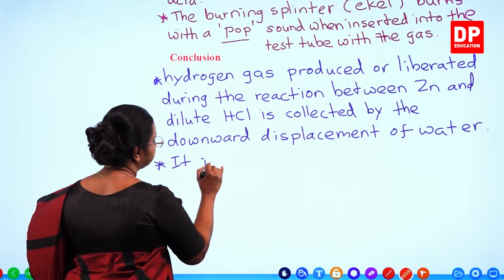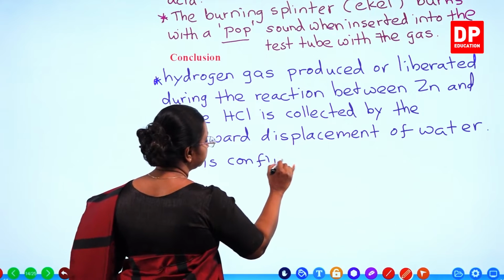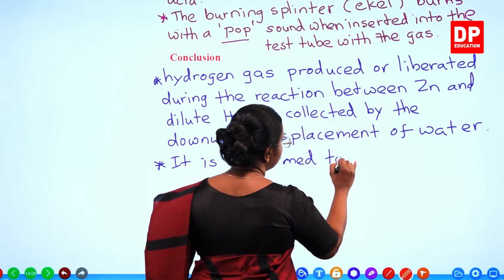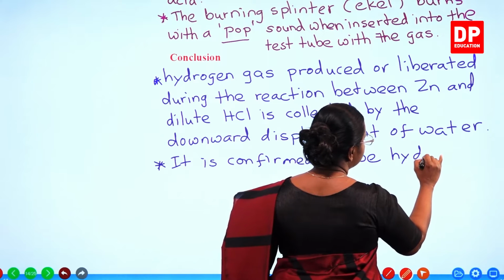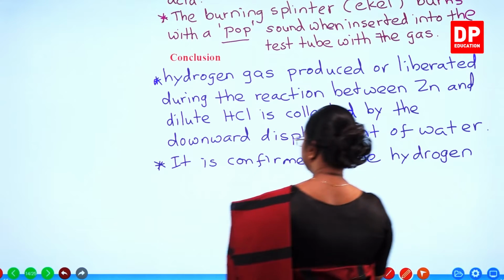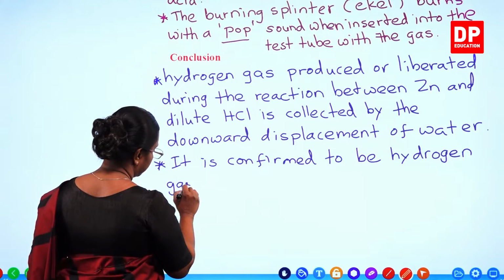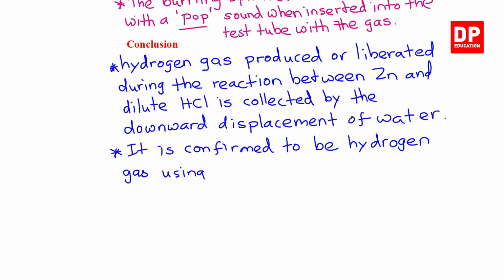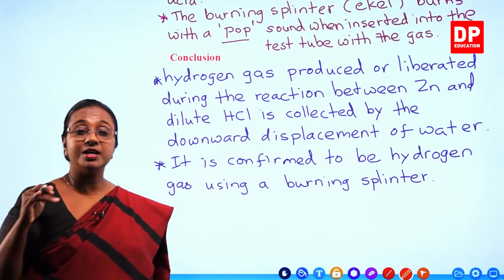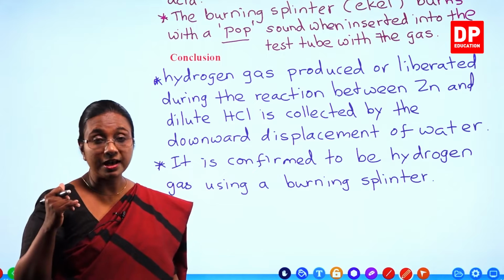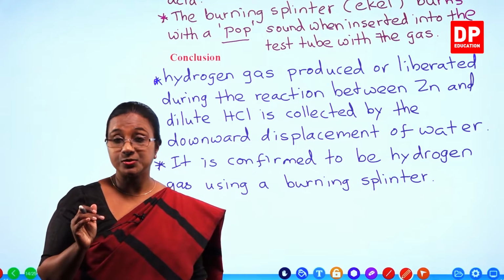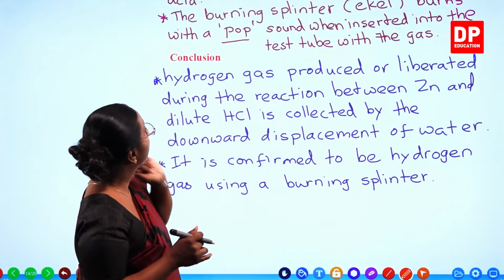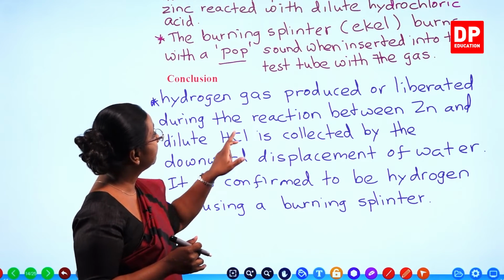It is confirmed to be hydrogen gas using a burning splinter. So those are the observations, the downward displacement of water and the collecting of hydrogen gas when the zinc reacts with hydrochloric acid, and also the burning splinter burning with a pop sound.